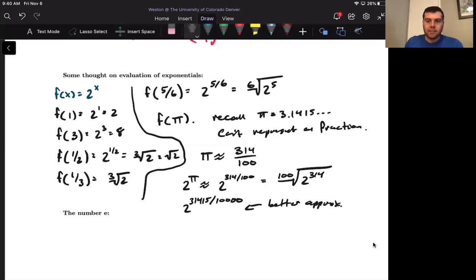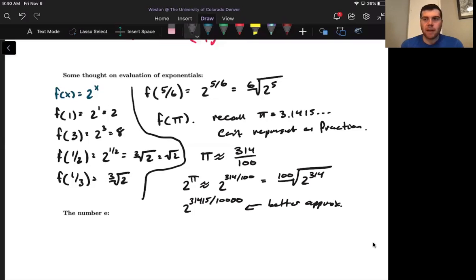All right, computationally though, this is useless. I don't think there's really a calculator that will ever calculate 2 to the 314 exactly. You can try it on Wolfram Alpha, and it will probably either give you an approximation or shoot you an error. And then taking the 100th root as well is hard. But the point is that we can do it.